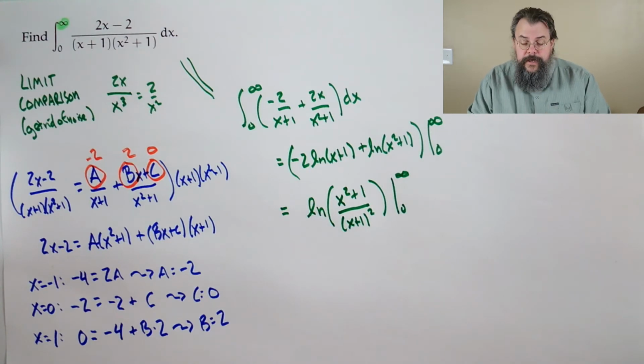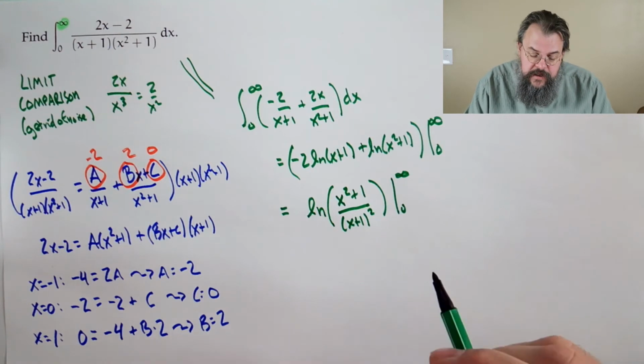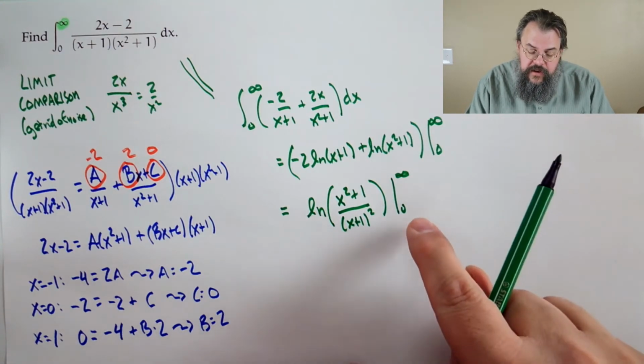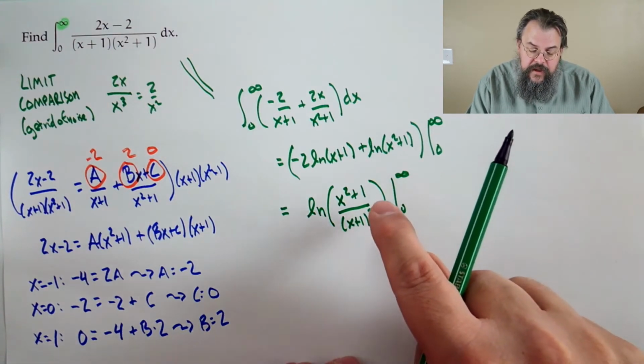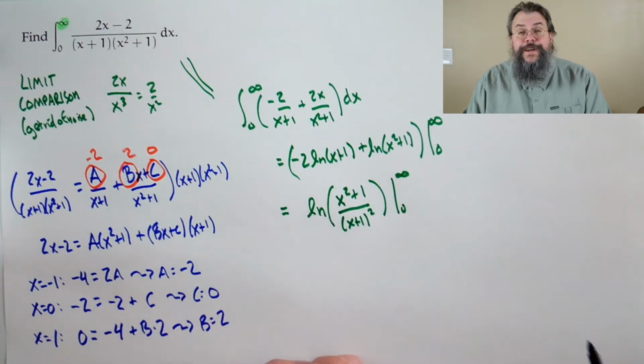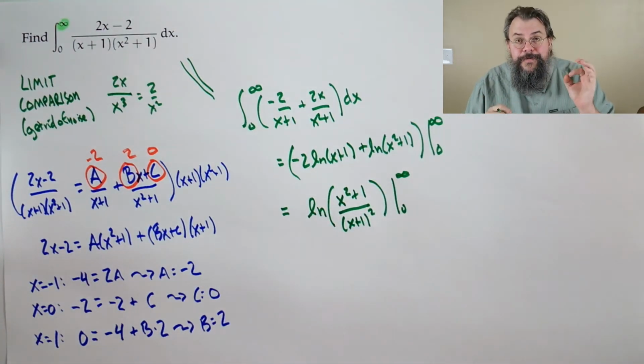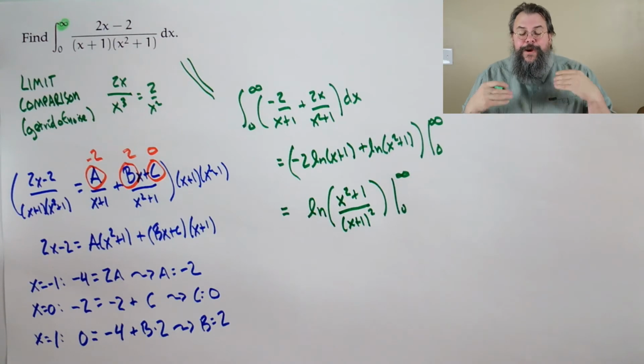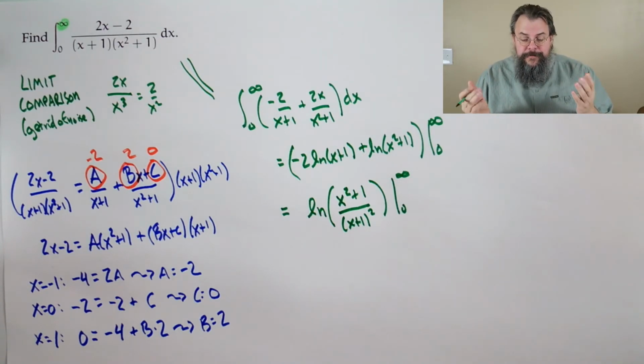Now, we can definitely do that. Now, what happens? Let's talk about 0. When you plug in 0, actually, things are nice. You get natural log of 1 over 1. Natural log of 1 is 0. So we really just have to say what happens as we go towards infinity.